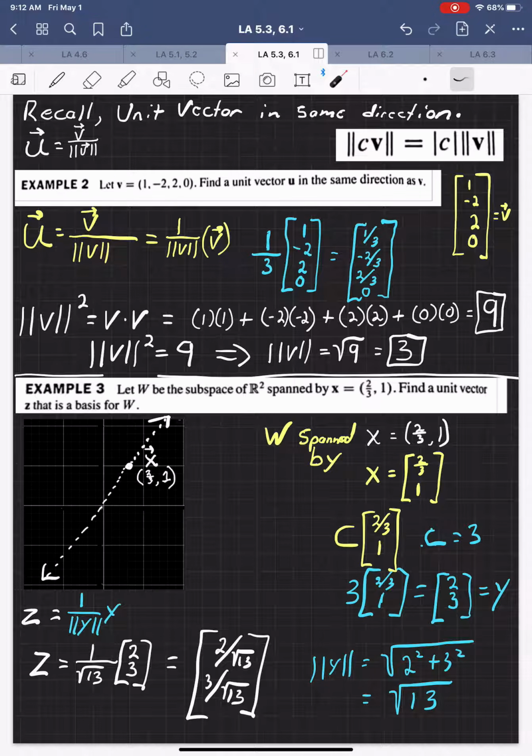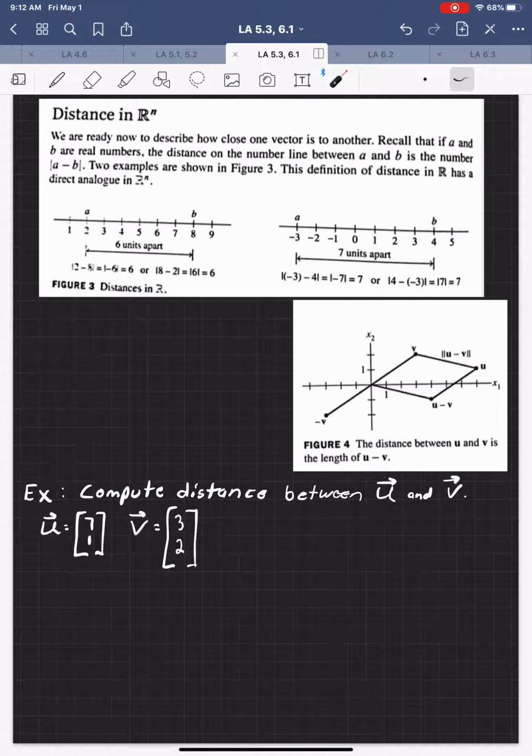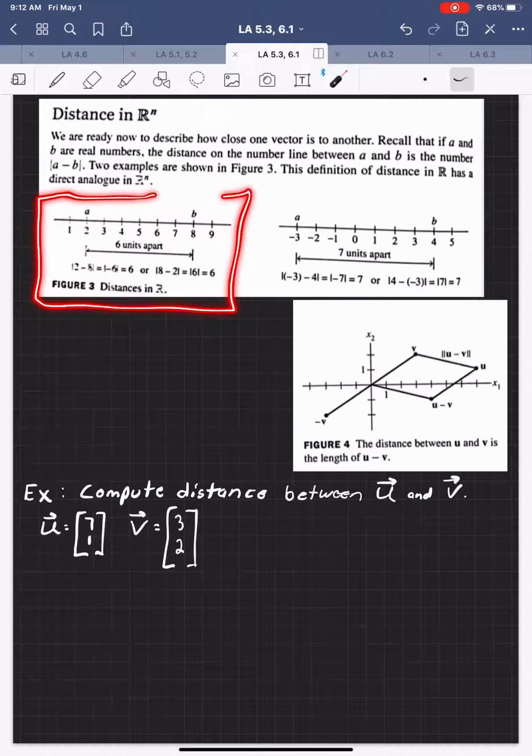All right, so now we want to discuss distance. Well, maybe it's worth starting in R1, right?